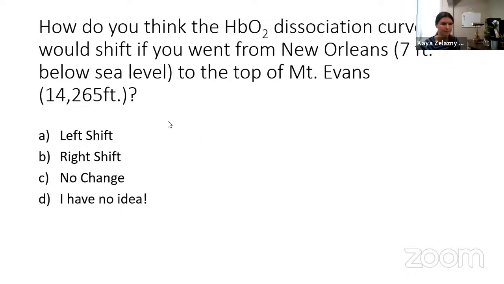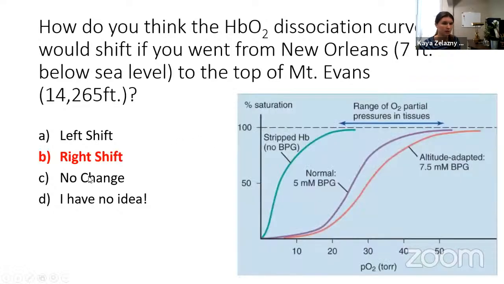Okay, looking pretty good. Yeah, this would create a right shift, right? So as we reach high altitude, and especially if you're altitude adapted, people can get used to high altitudes as well. People who are adapted to those environments don't get altitude sickness. If you live on the top of a mountain, that wouldn't be terribly helpful.